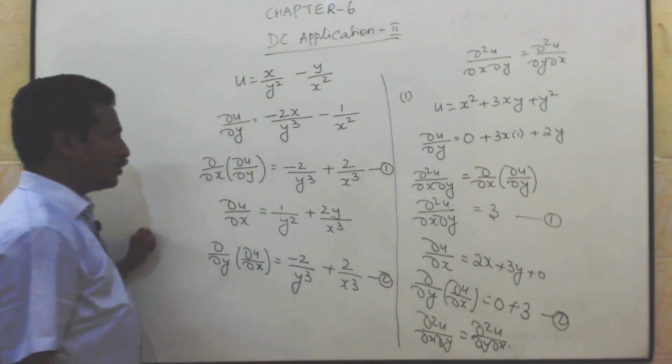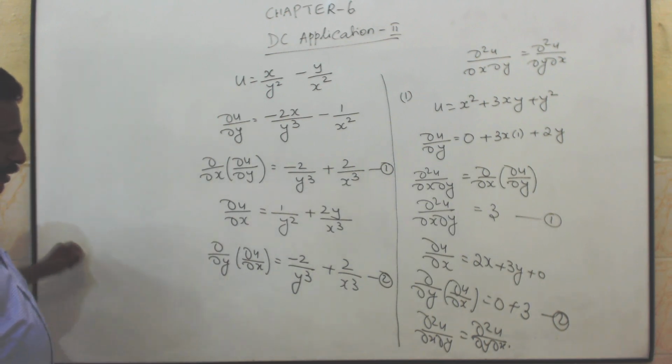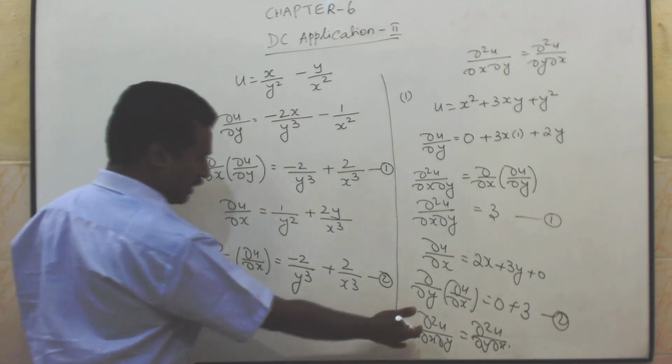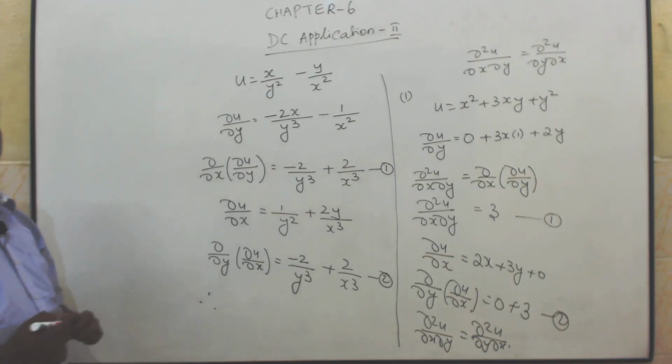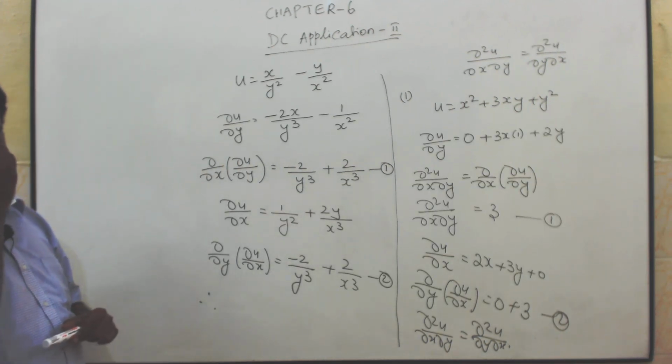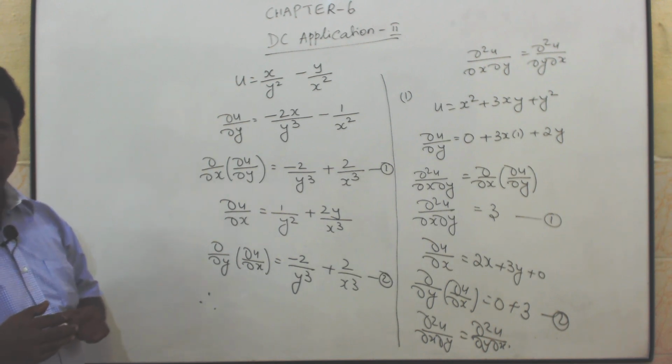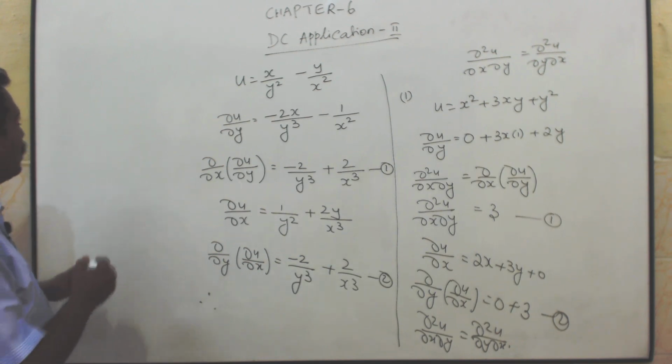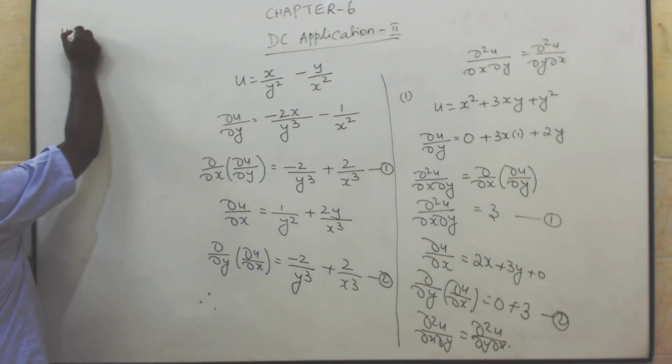So, equation number 2. Both are equal, therefore, once again we write the same result. Dou square u by dou x dou y equals dou square u by dou y dou x. Is it clear?